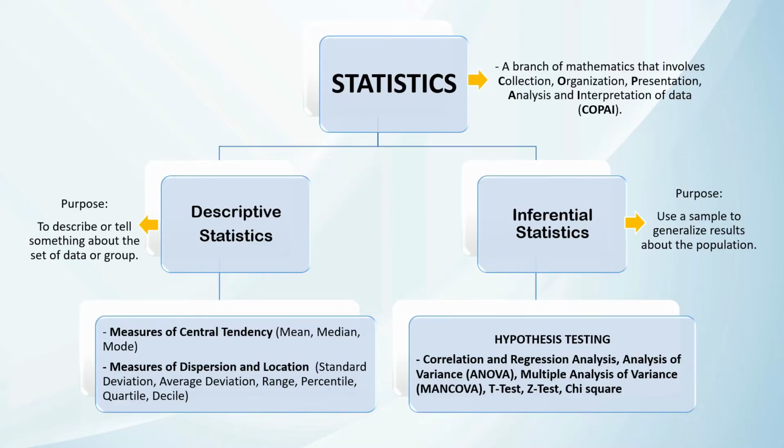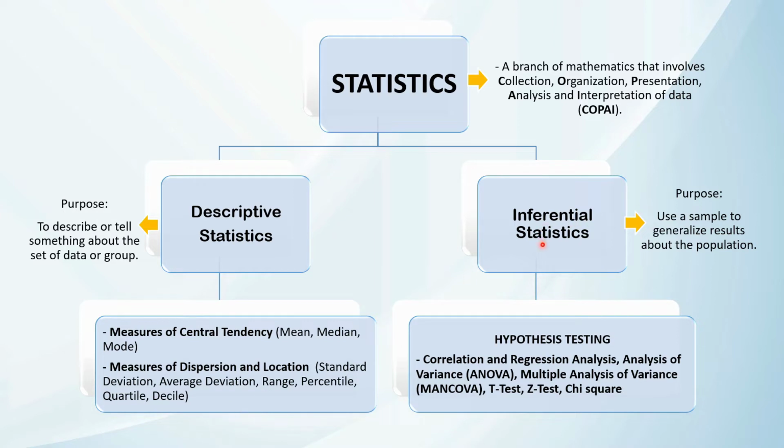Okay, so we have different types of descriptive statistics. We have the measures of central tendency, which are mean, median, and mode for grouped and ungrouped data. And we also have measures of dispersion or measures of location, such as standard deviation, average deviation, range, percentile, quartile, decile, and others.